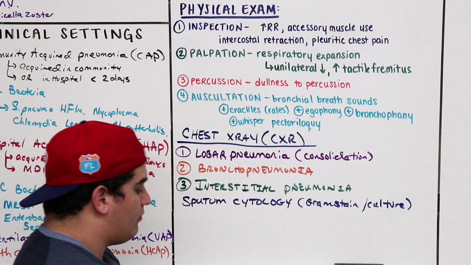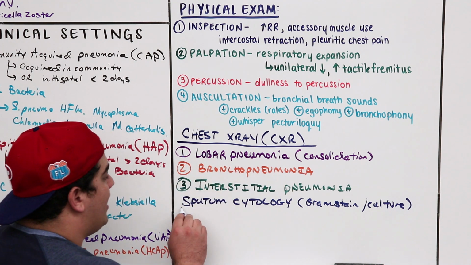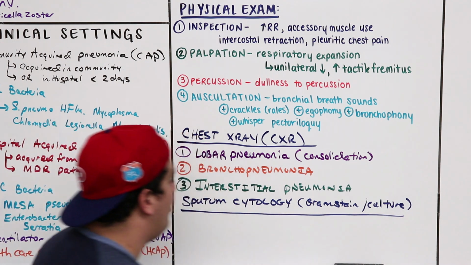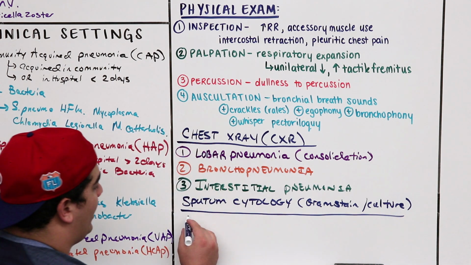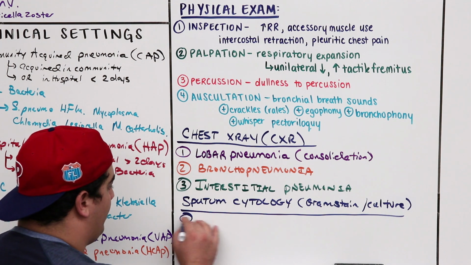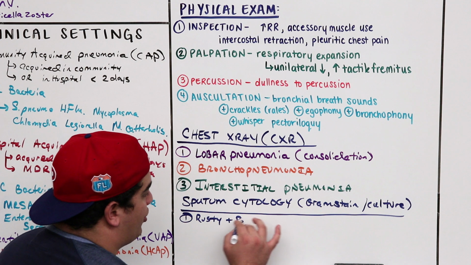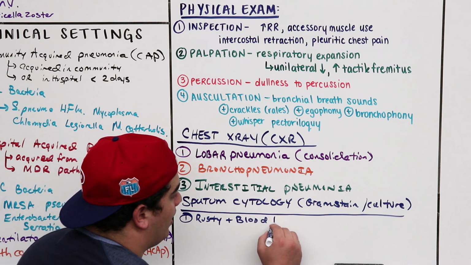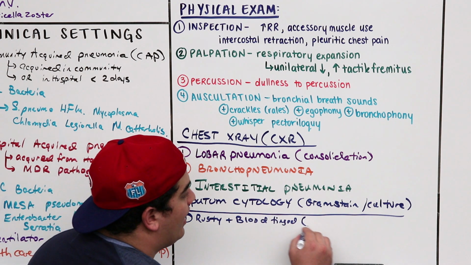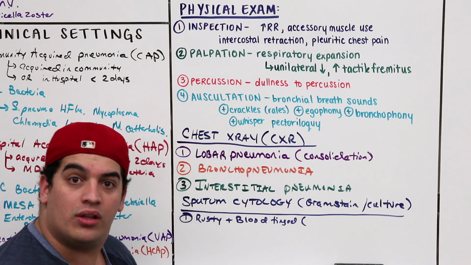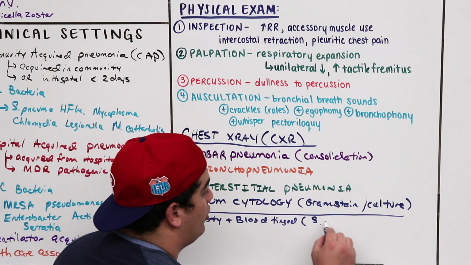What do I mean? So if someone comes in and I notice that their sputum is rusty, or blood tinged, maybe has a little blood tinge to it, this is classically, not all the time, but classically seen in strep pneumo.